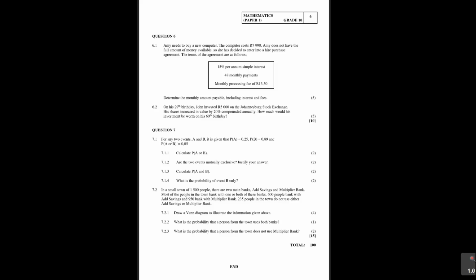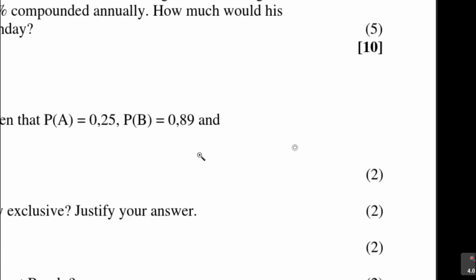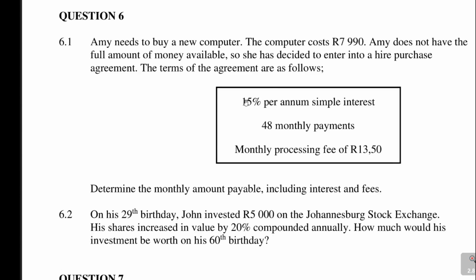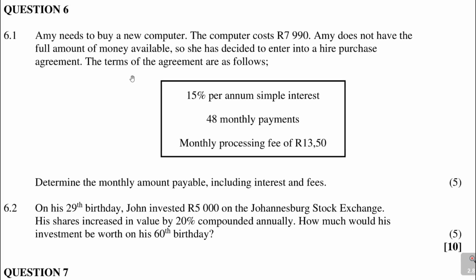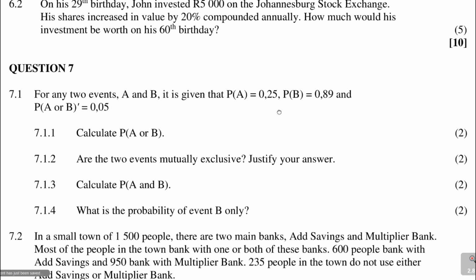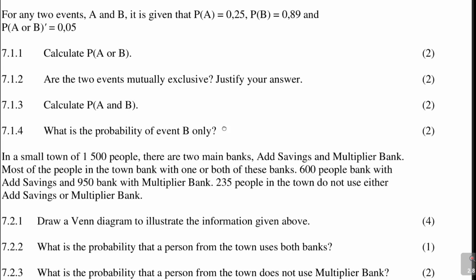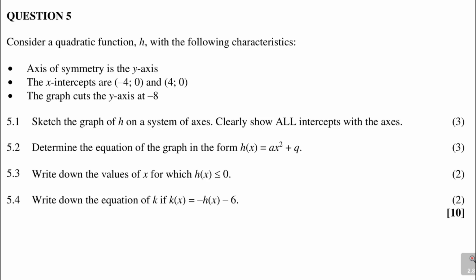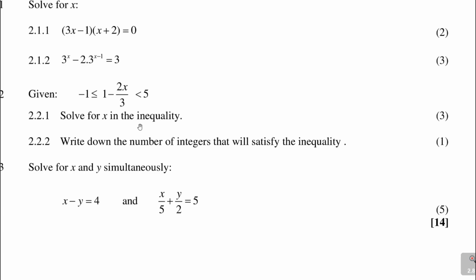Already 29 marks. So it was question number 4, question number 5, question number 6, financial maths, and question number 7, probability. So let's do that. Join me in the next lesson. So here, in a way, I was focusing on algebra.